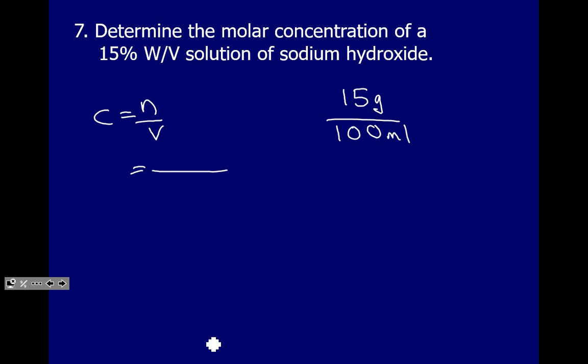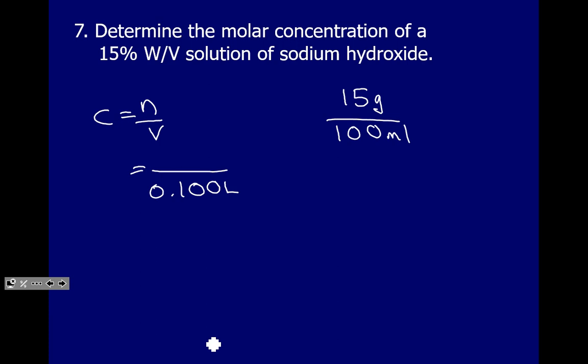What am I writing? 0.100 liters. Now I need N, but I have this. What do I have to do? I need a molar mass, turn it into moles, put it on top.